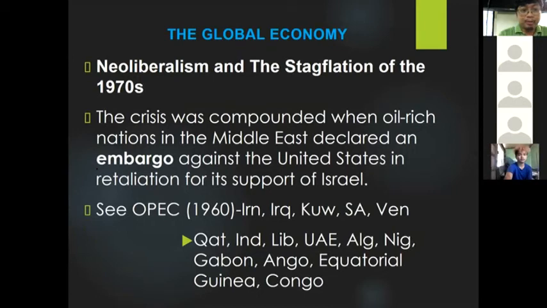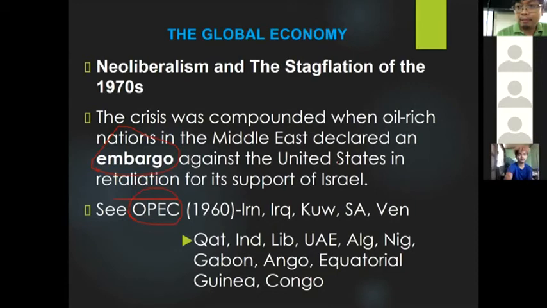May isang term dito na nabanggit, yung embargo. Ibig sabihin ng embargo is a ban on importation or trade. Halimbawa, ang OPEC, there was a time in 1970s na ang Organization of Petroleum Exporting Countries, meron silang rivalry with the US because of, meron ding Gulf War.